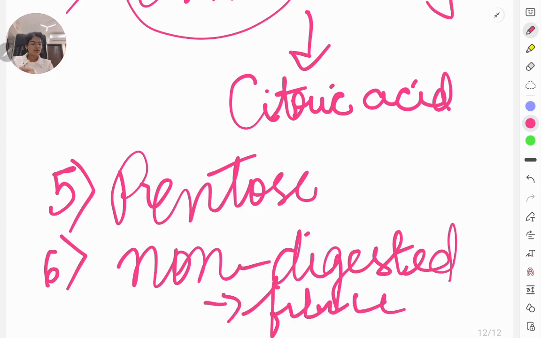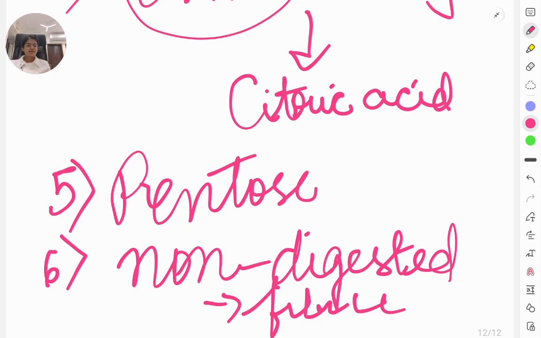Clear? They improve the bowel movement, lower the cholesterol absorption and improve the glucose level. Clear?